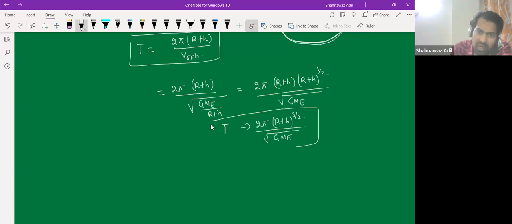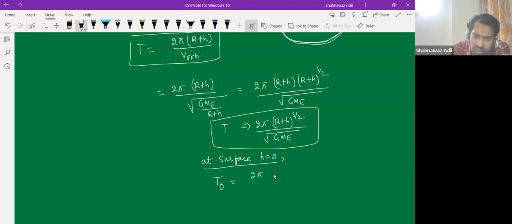But if we are calculating at the surface, h is again 0. So this is called T naught, which is 2 pi R to the power 3 by 2. And G M E is g R square, right?